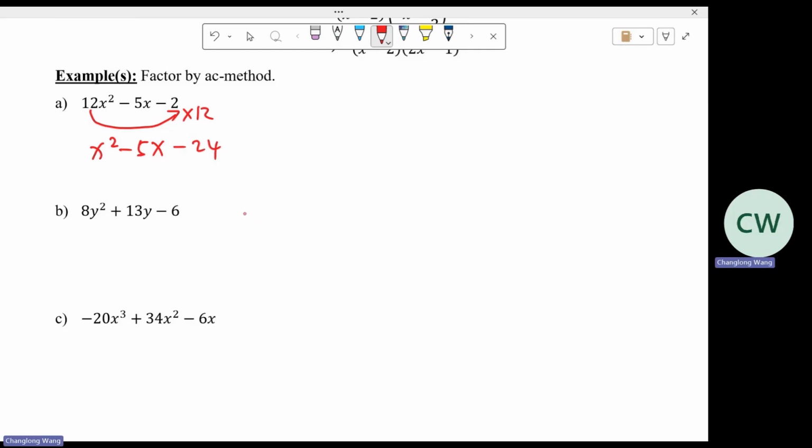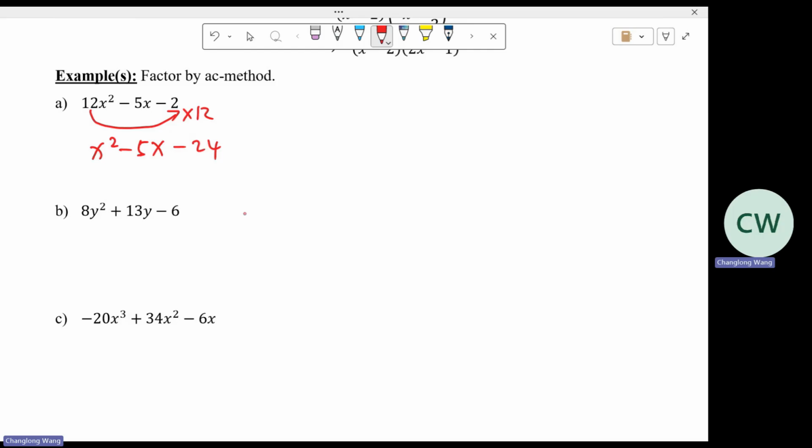All right, so now you need to think what 2 factors of -24 add up to -5. Now, numbers are not too big sometimes, so you can probably see right away.